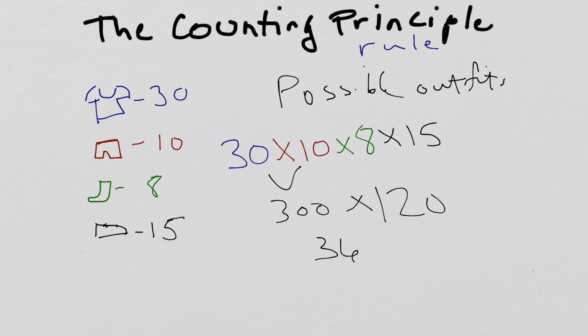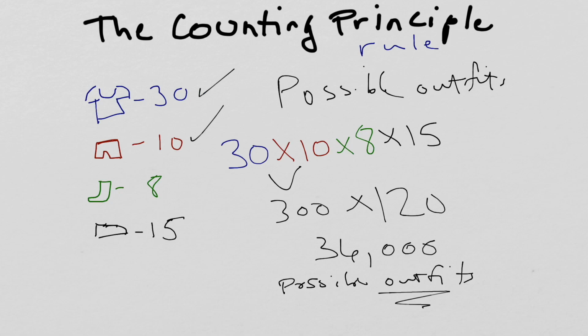So that'll be 36,000 possible outfits from 30 tops, 10 bottoms, 8 pairs of socks, and 15 pairs of shoes.